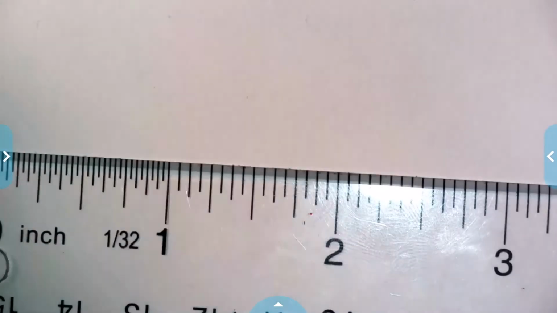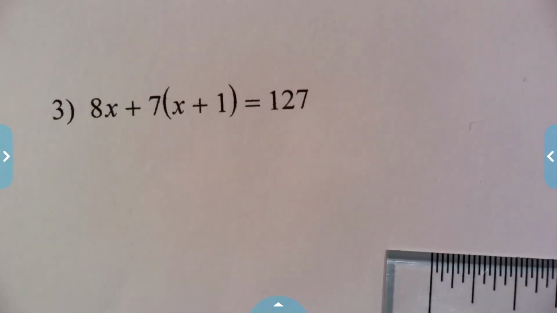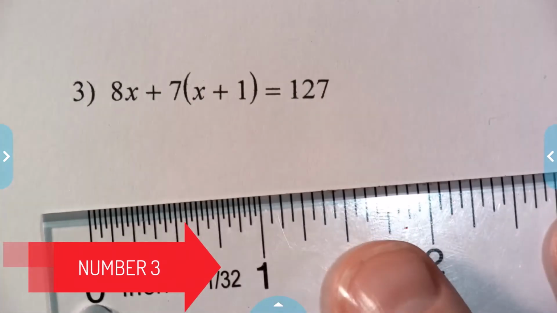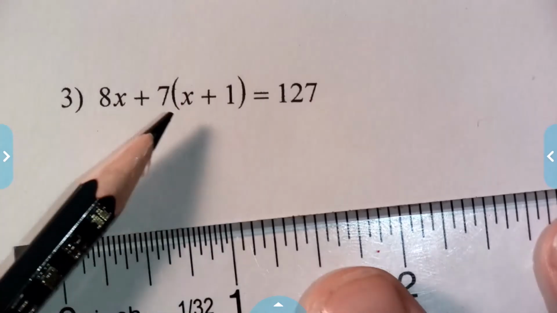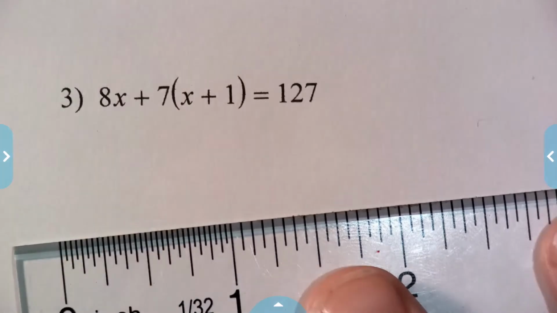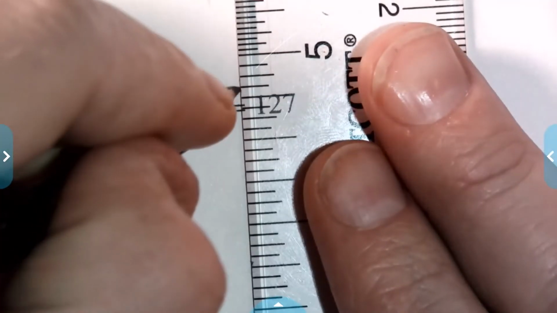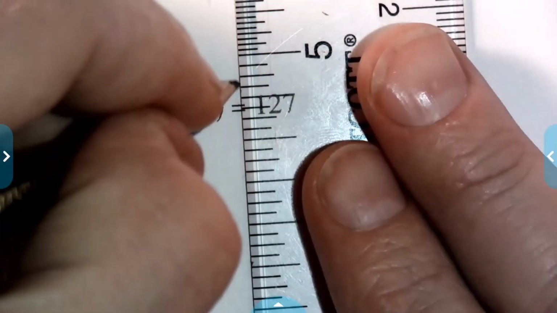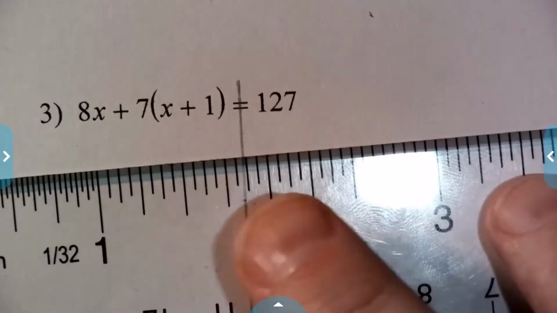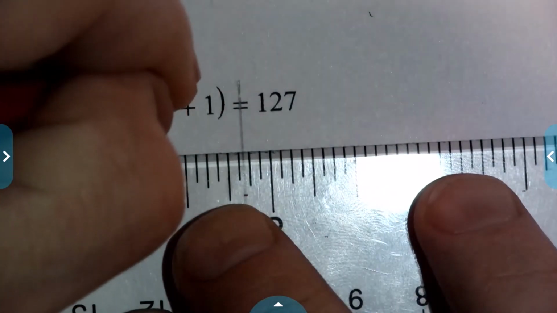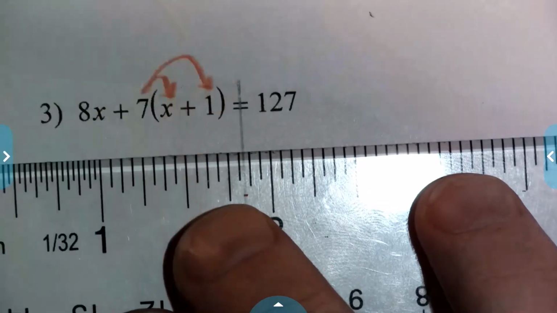Alrighty, moving on to number 3. And we're going to distribute 7 and then combine like terms and then solve. Okay, so we're going to distribute the 7 to the x and the 7 to the 1.